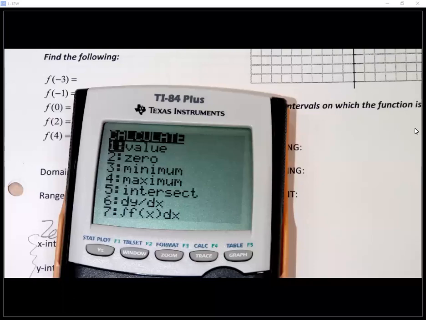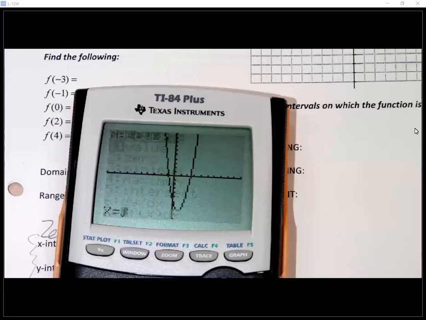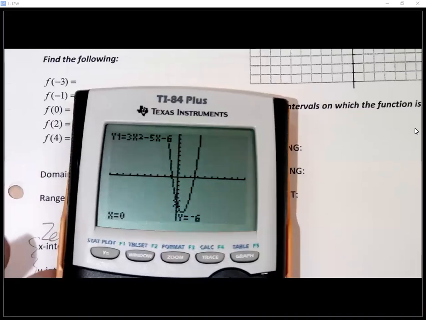So if I just hit number 1, and plug in 0 and hit enter, cool, it tells me when X is 0, then Y is -6. So there is my Y-intercept at (0, -6).